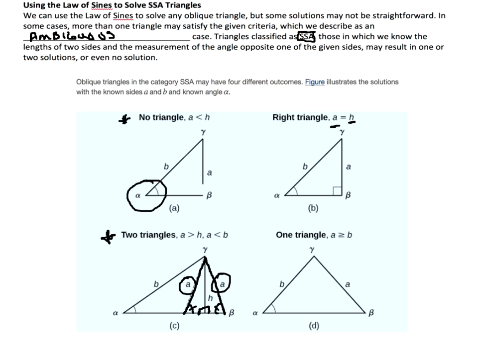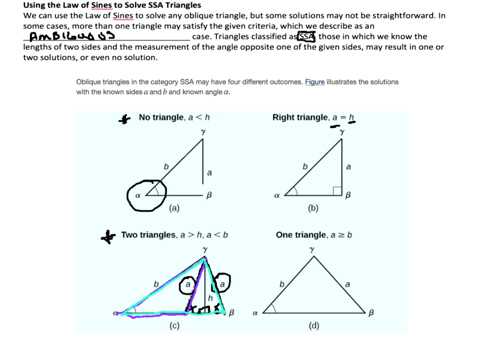So when this occurs, you don't know if it was this triangle that created the situation, or it may have been this triangle that created the situation.